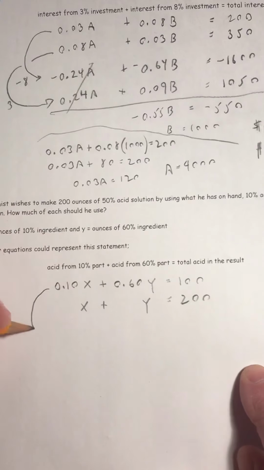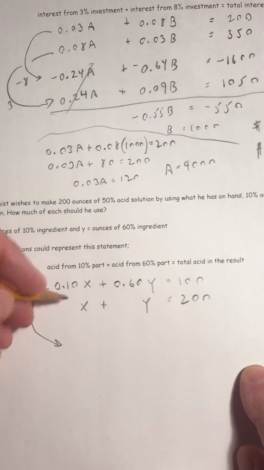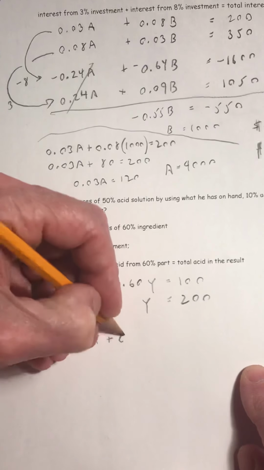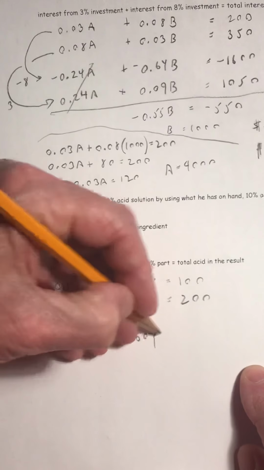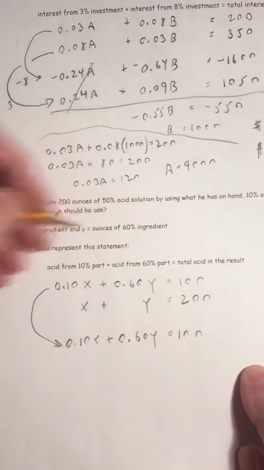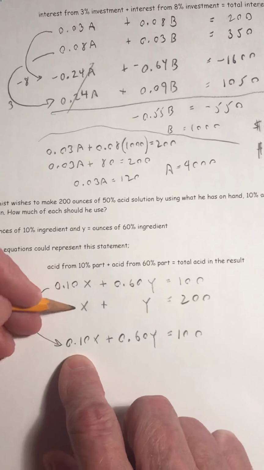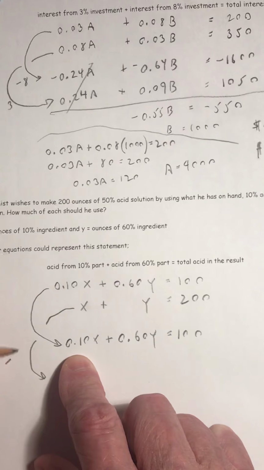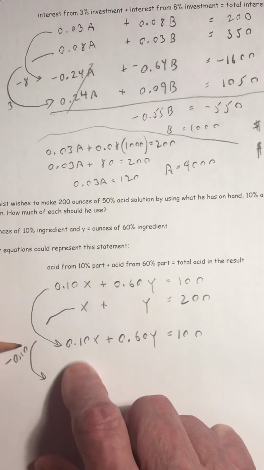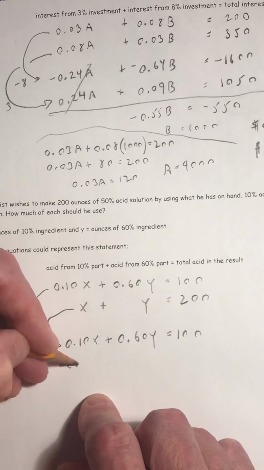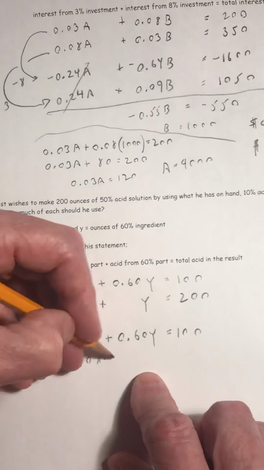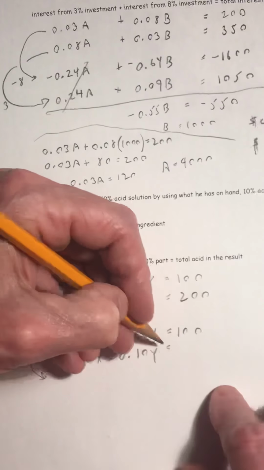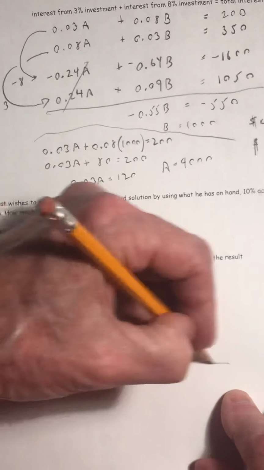Now I'm going to take this and copy it. And what am I going to do to the other equation? I want to get opposites here, so I will take this equation and multiply by negative 0.10, and that'll make negative 0.10x, negative 0.10y equals negative 20.